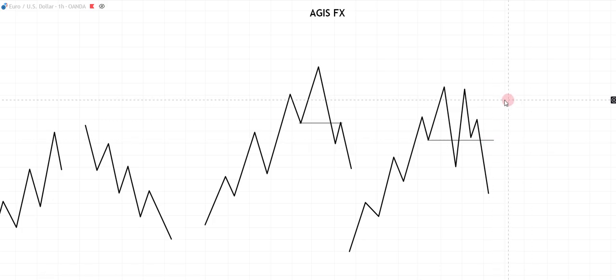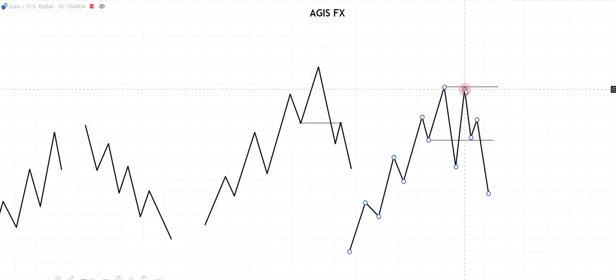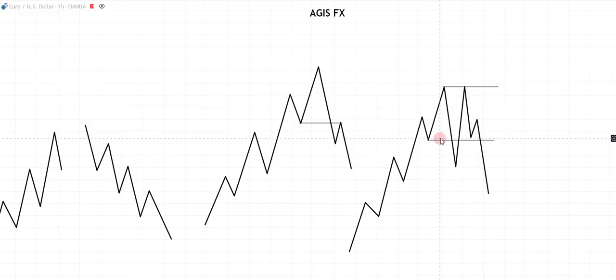Now this level is called a flip, which is a resistance. Around this level you can see price broke this support. This support is resistance as well. When price flips above this resistance, it becomes support again. Then this high will also be the new resistance.